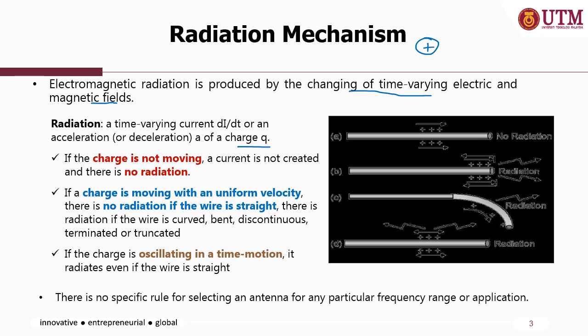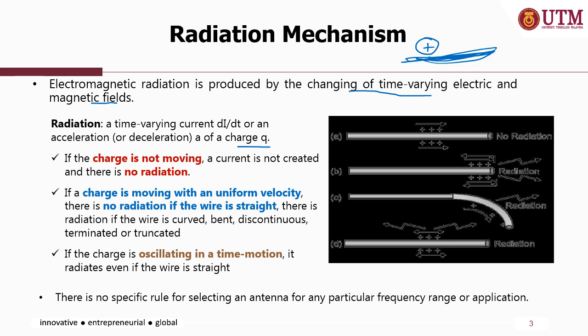But if the charge keeps on moving forward, backward, and so on, there's a time-varying electric and magnetic field produced, therefore the electromagnetic radiation or EM wave exists.